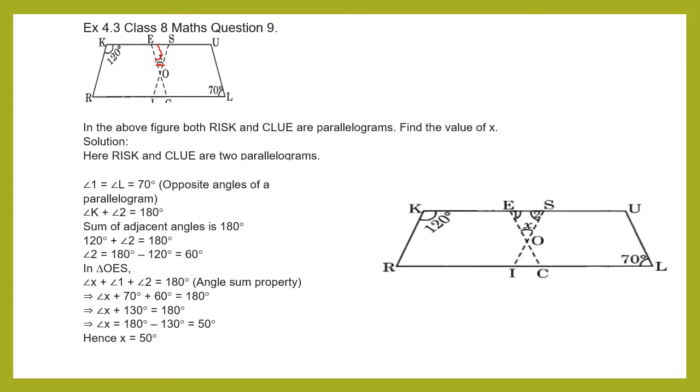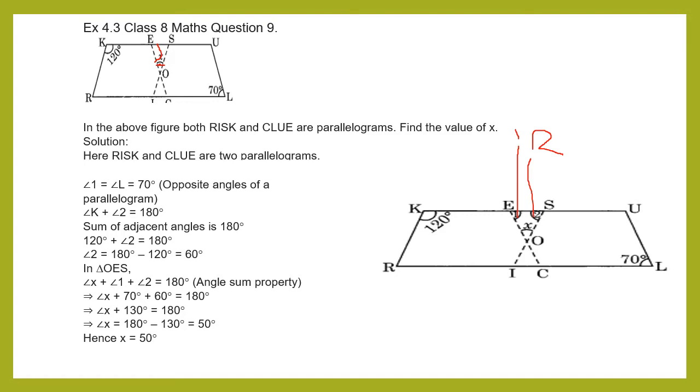This angle E is marked as angle 1. In this figure you can observe this angle is marked as angle 1 and this angle is marked as angle 2. So angle 1 is equal to angle L, which is equal to 70 degrees.